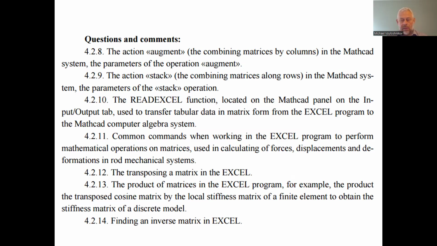But in Excel it is less obvious; it is a little bit more comfortable to use Mathcad due to its clarity. The Mathcad file is very clear in the presentation of the calculations. But we can do almost the same with Excel.